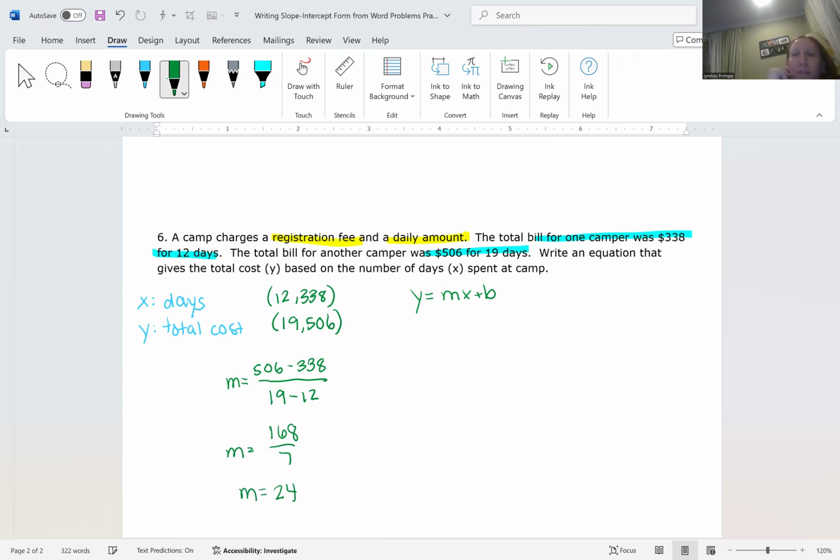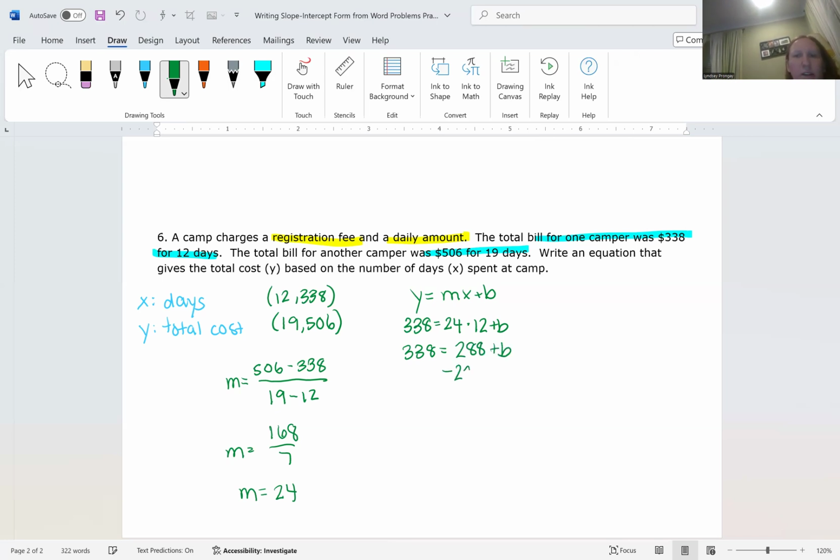Okay. Now we can plug things into y equals mx plus b. M is 24. I'm going to plug in the smaller numbers. So I'm going to do 338 for the y and the 12 for my x. I got to do that little bit of multiplication. 24 times 12 is 288.